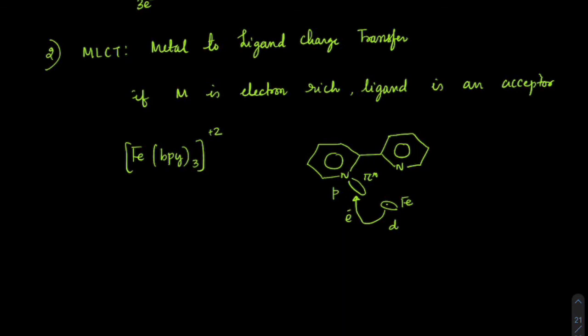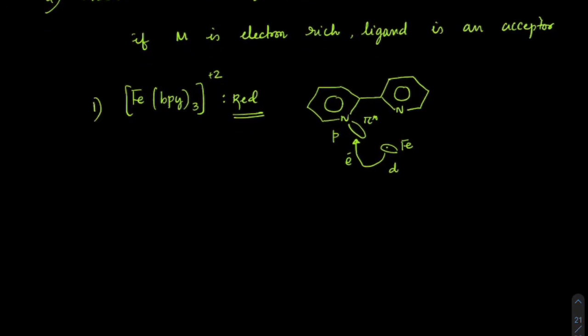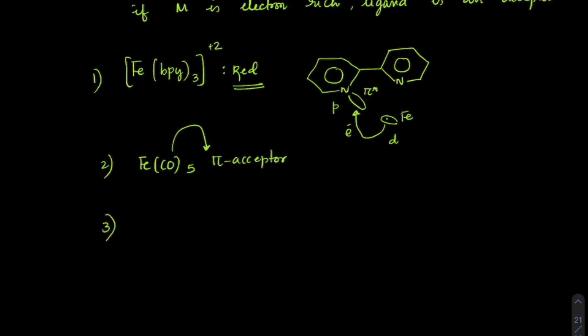So which means all pi acceptors are colored because of this. Got it? So therefore it is observed that this is red in color, intense red in color, for the same reason. Okay, same way if you have Fe(CO)5, यहाँ पे भी तो synergic bonding ही हो रहा है, correct, where CO is a pi acceptor, so hence that is also going to follow.